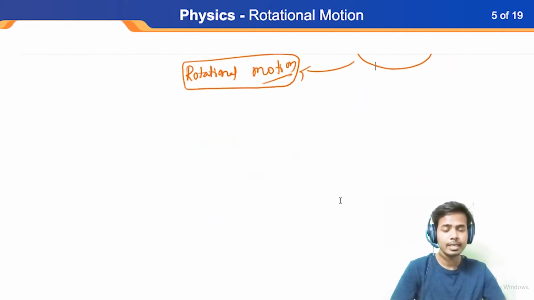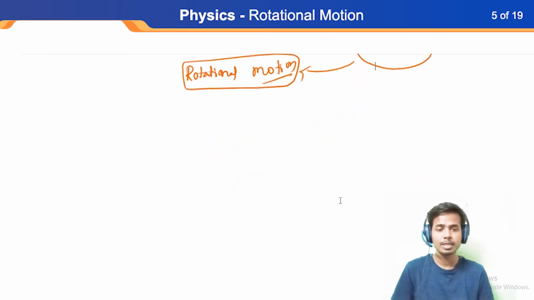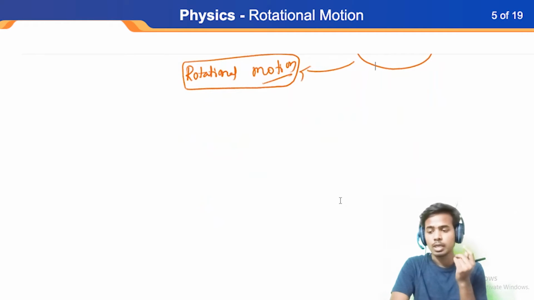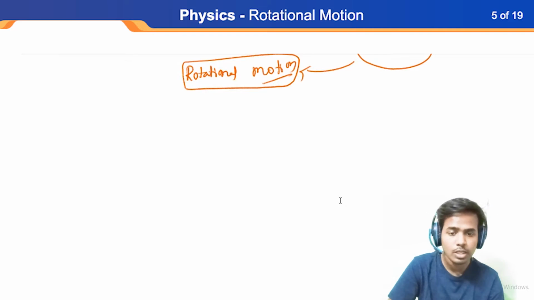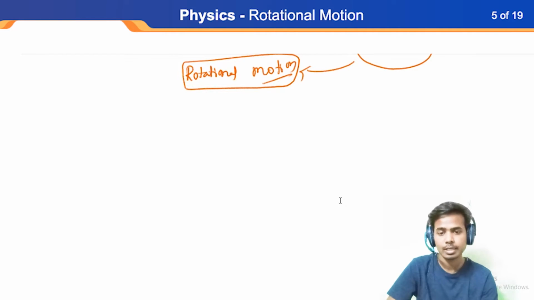And for every variable here, for example, in translational motion we were mostly concerned about velocity, acceleration, things like that. We'll also have analogous terms here in rotational motion, but they will be different. They will not be exactly the same as velocity and acceleration.